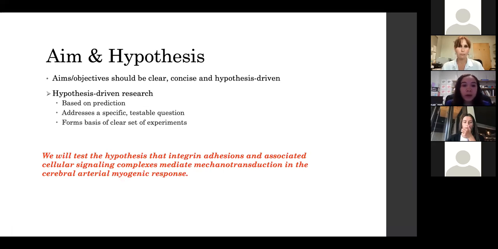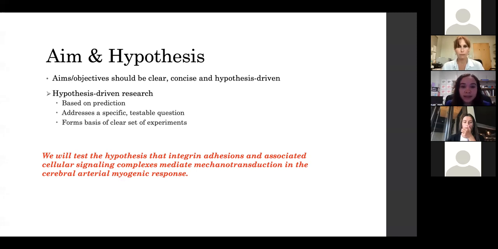So now we know that the hypothesis is the idea that you will test to achieve your aim. And we can think of it as a question that you would like to answer through your study. Then we can frame it as a statement to be proven true or not by your study. So, for example, here is a hypothesis from an abstract.